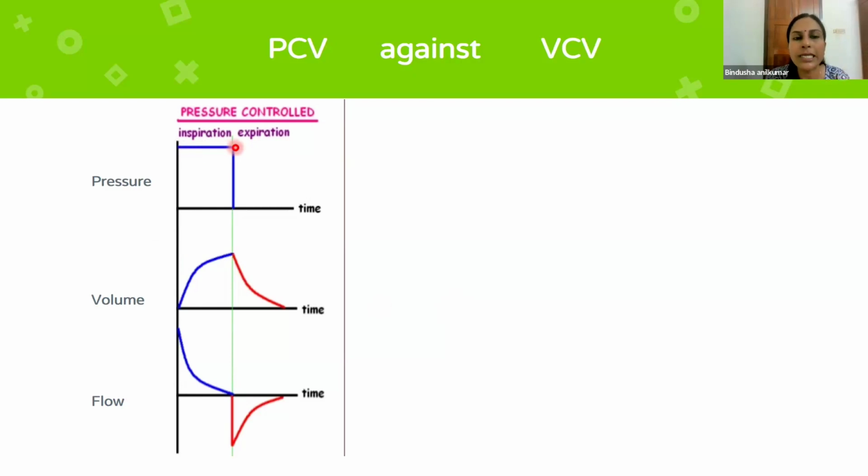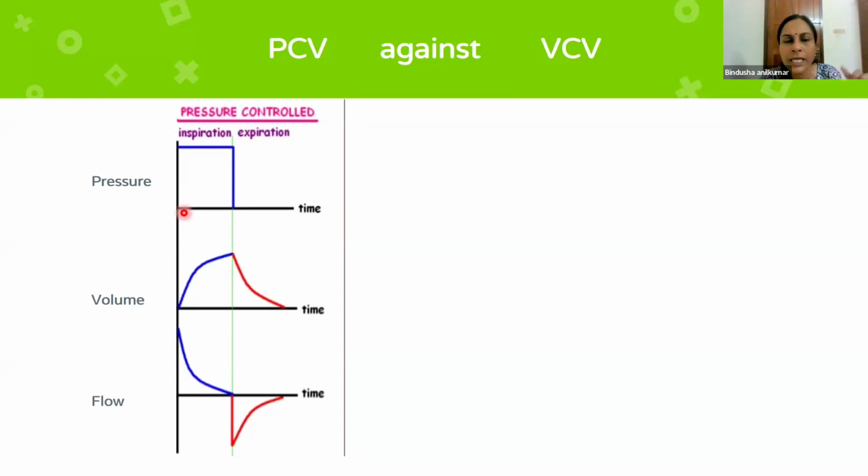So how does the ventilator generate this pressure? The ventilator will generate this pressure by increasing the flow, so it will give a high flow during the beginning of the inspiration, because it has to elevate the pressure from the PEEP to the PIP. At the beginning of the inspiration, the pressure that the ventilator is delivering is only PEEP, which may be 5 or 6 centimeters of water.